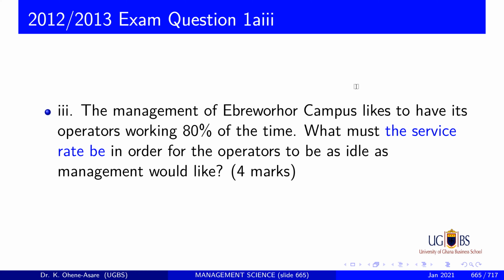Now, if they have been working 80% of the time, it means that the utilization factor here is 0.8 equals lambda over mu. What must the service rate be? The mu. So you're going to use the original lambda of 12 divided by the mu.